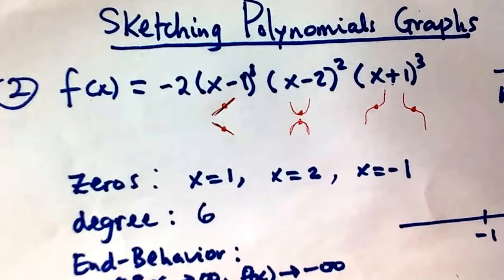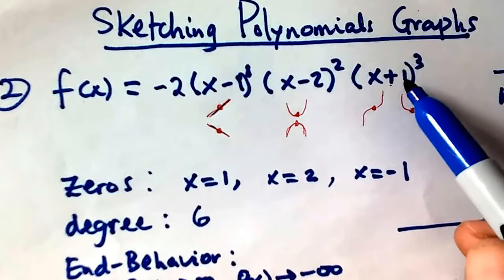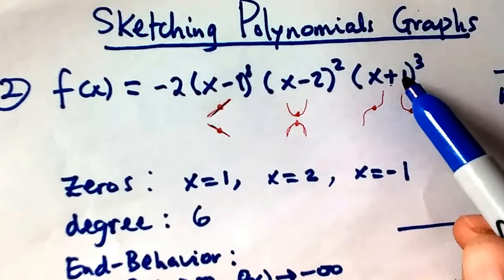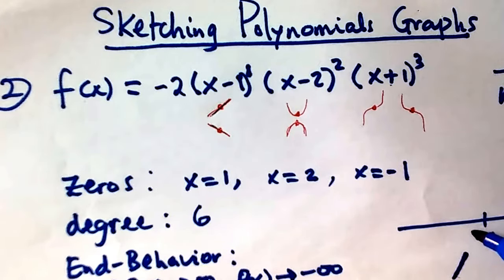So our next job now is to start drawing this graph, starting from negative infinity. We're going to start from negative infinity and approach the cubic intersection there. Now remember that at this point, it's going to behave almost like a cubic function.